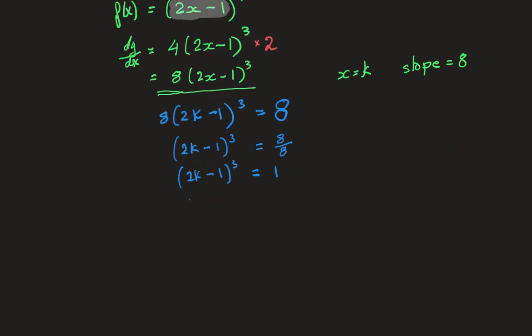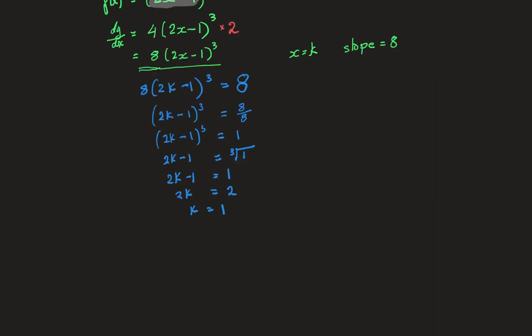And as you keep on rearranging for k, you'll find that (2k minus 1) to the power of 3 is 1, so that's 2k minus 1, which is 1, and 2k is equal to 1 plus 1, which is 2, and k therefore must be equal to 1.